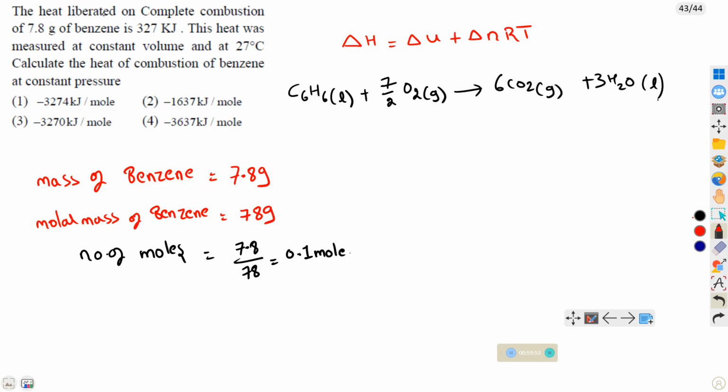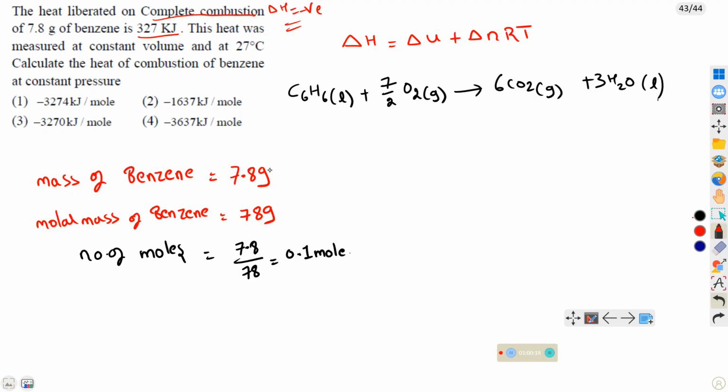The heat liberated on complete combustion of 7.8 grams of benzene is 327. It is a combustion reaction. For a combustion reaction, the value of delta H must be negative. Given positive, but you can take negative. First of all, how many moles of benzene are involved here?